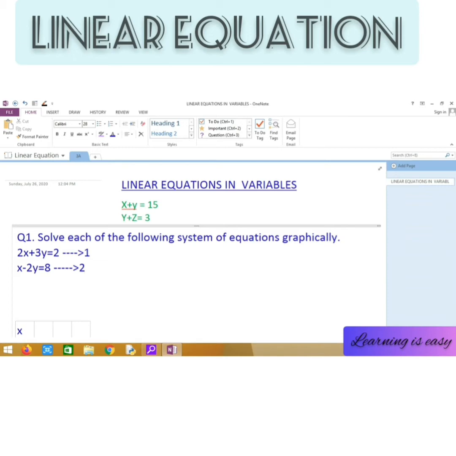So from equation 1, we can get the value of x as 2x equal to 2 minus 3y. So x equal to 2 minus 3y by 2.